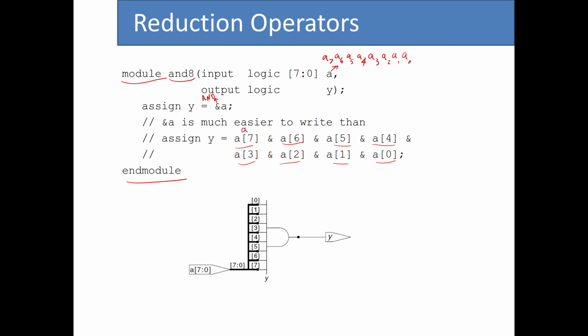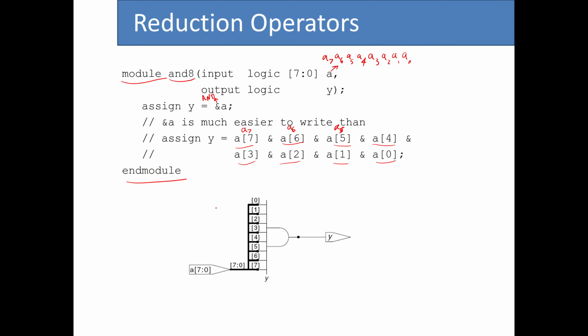That means take out the 8th bit of variable A, and then AND it with A6, basically the 7th bit, and then AND it with A5, basically the 6th bit, and then do that all the way to A0 or the 1st bit. But instead of doing that, we can just simply write y equals AND operator and then A.